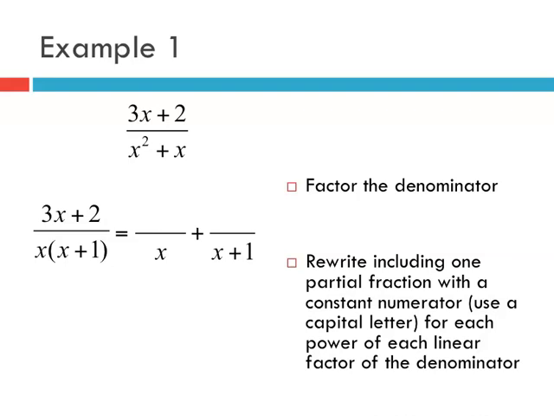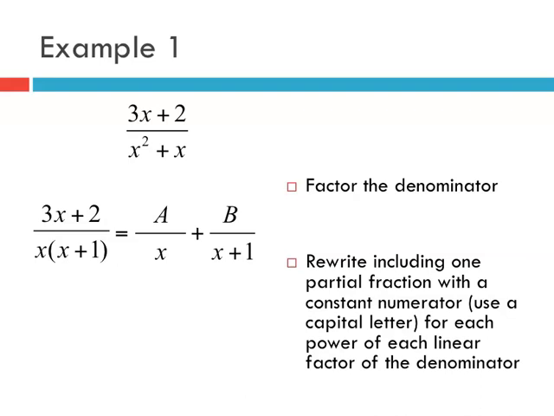So for now, we use capital letters in the numerators. If you wrote it the other way, a over x plus 1 plus b over x, that's fine. Your a and b values will just be swapped, which is fine, because once you put it back into the expression, you'll have the correct number over the corresponding denominator.